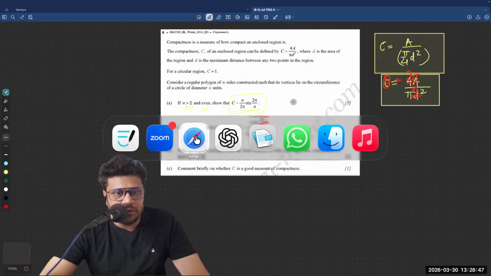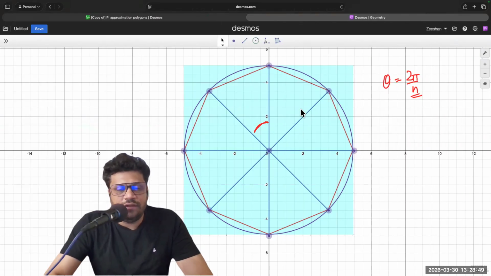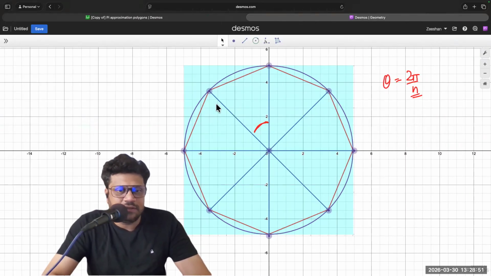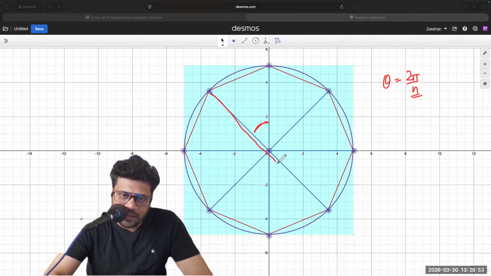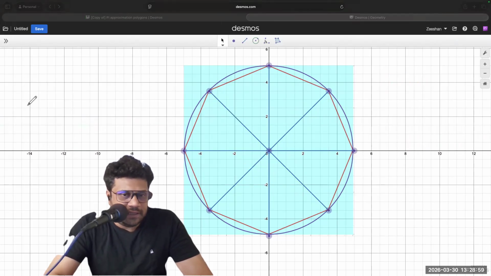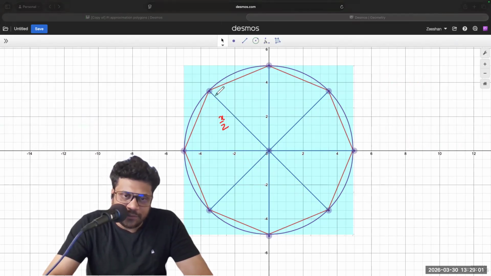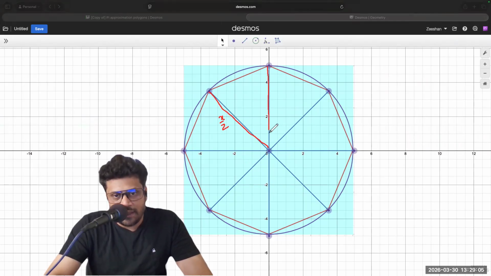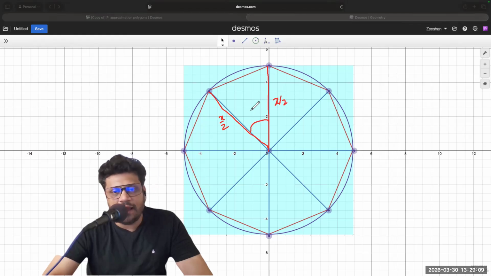Okay, so the diameter of this circle is x units, and that is why we know that the radius is going to be x by 2. So this length is x by 2, and this length is also x by 2, and this angle I know is 2 pi divided by n.